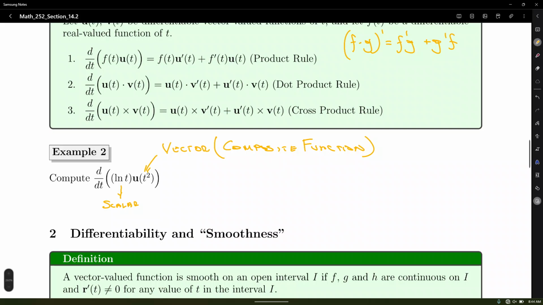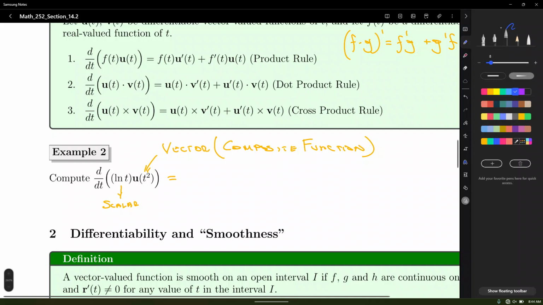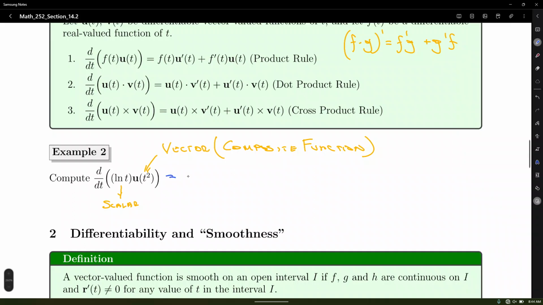So, the derivative of the first factor times the second without differentiating. That is simply the derivative of ln of t, which is 1 over t, times, well, I'm not going to use the dot here because I don't want to make this look like a dot product, because there's no dot product between a scalar and a vector. The dot product is again between two vectors. That times u of t squared plus the derivative of this factor.